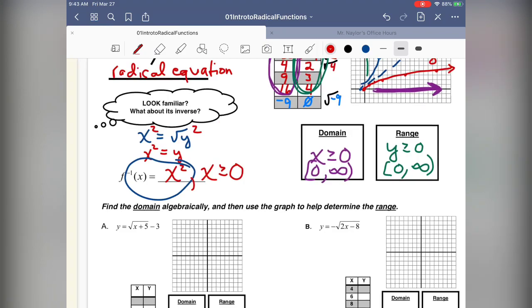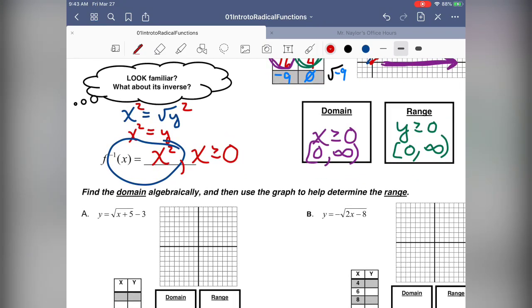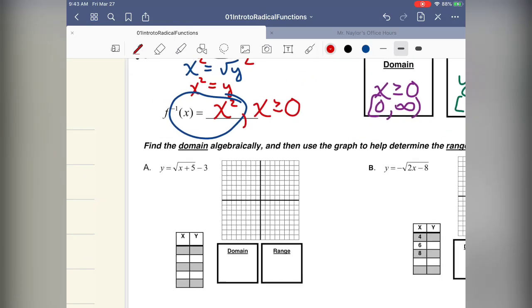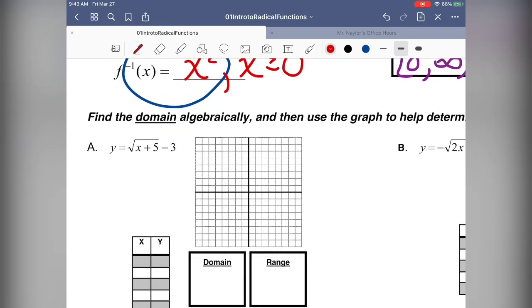All right, so the radical equation. Let's graph some other variations of this, ones that have some adding and subtracting. In other words, some transformations that have occurred to the original equation.